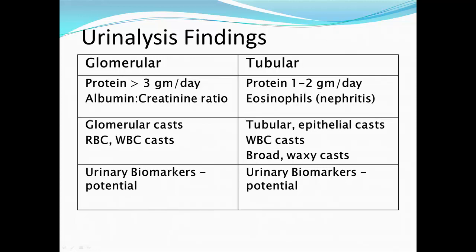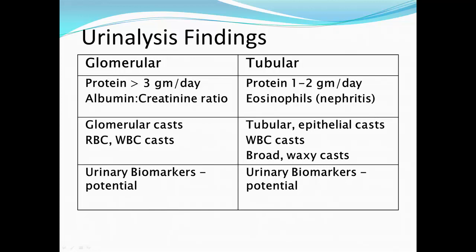The other thing you'll see in a tubular disorder, as this gets worse and worse, are broad, waxy casts. These are a collection of these cast-off materials that have formed little bricks within the tubular lumen, and this is a very late sign of tubular damage.